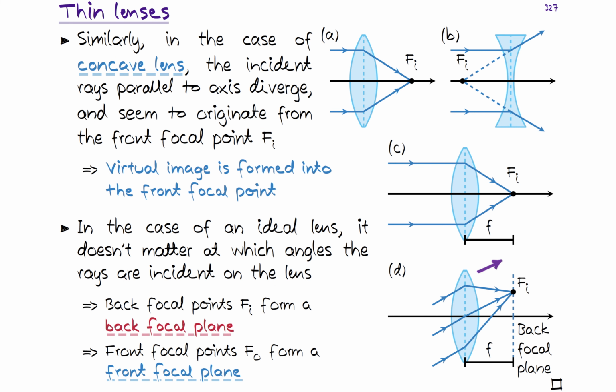This is something we would need to generalize in our treatment, but in this course we are not going there, so please be happy with the notions of the back focal plane and front focal plane, where the image points get formed if the object is infinitely far away from the lens.